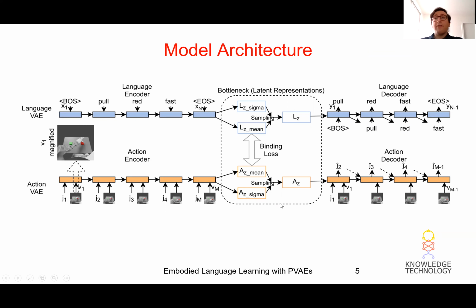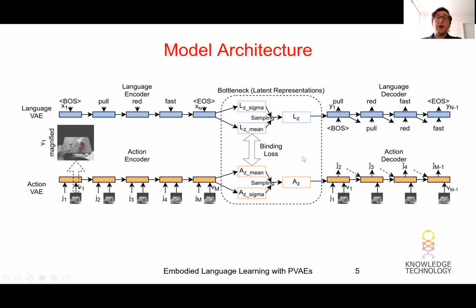In the middle, we have the bottleneck, which aligns these different representations from these modalities by using binding loss. Binding loss is between the mean representations of language and the mean representations of action.